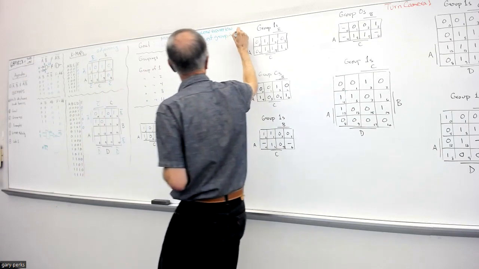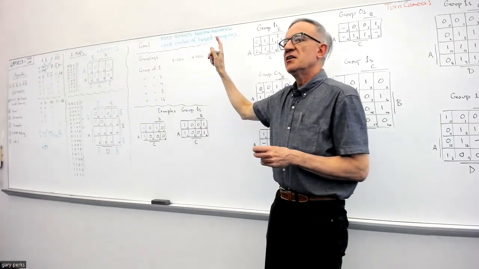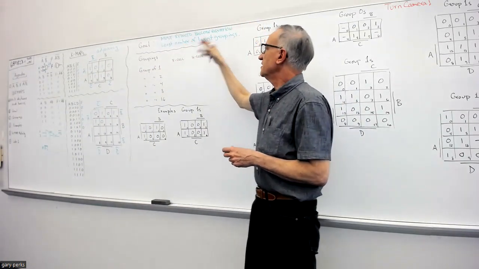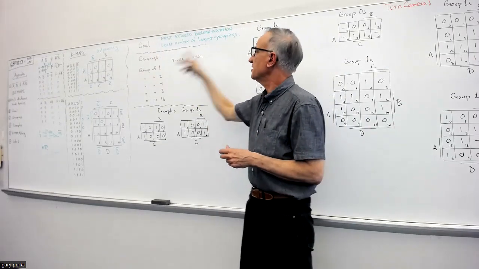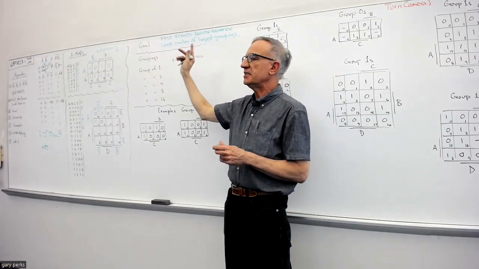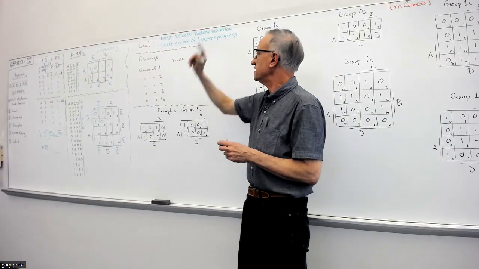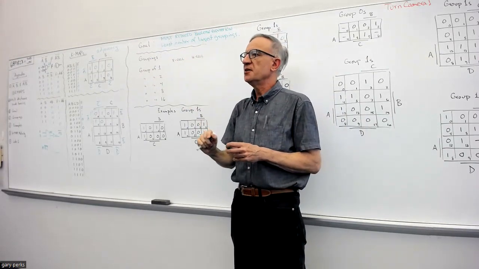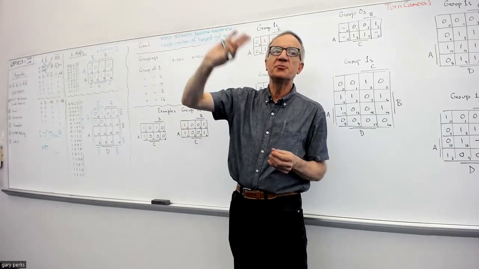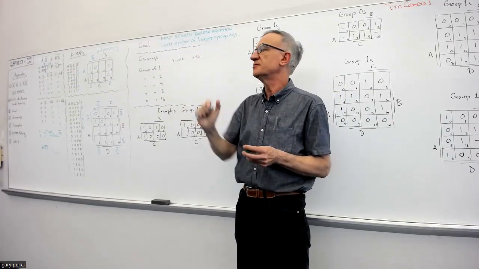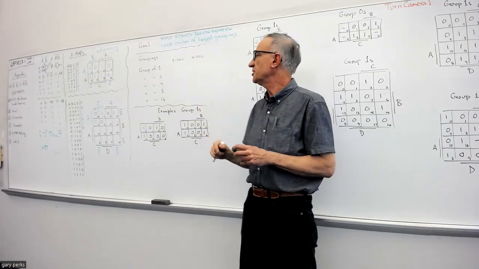And we're going to talk about what a grouping is. So our goal is to get the most reduced Boolean expression, and the way you do that is by getting from the Karnaugh map the least number of largest groupings. You can group ones or you can group zeros. We'll talk about when you would want to do zeros.